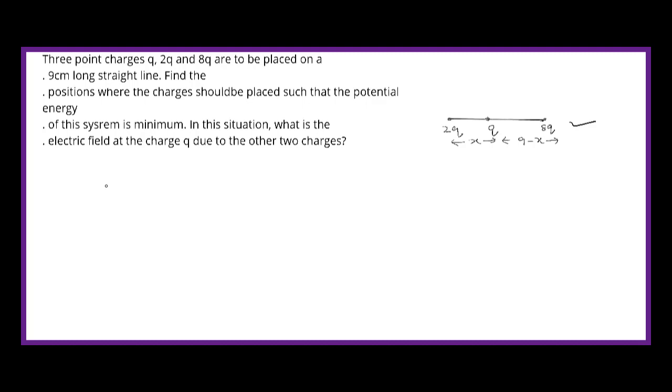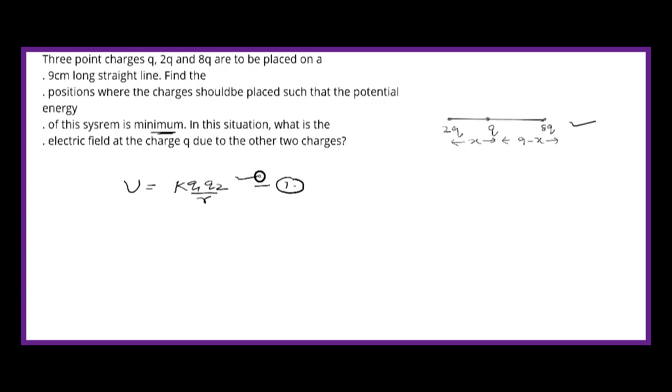The potential energy is basically, I'm just writing down its formula, U is equal to K Q1 Q2 upon R. In this equation we can see two charges are given. For the minimum energy, how can we arrange these charges? Q is in between 2Q and 8Q.